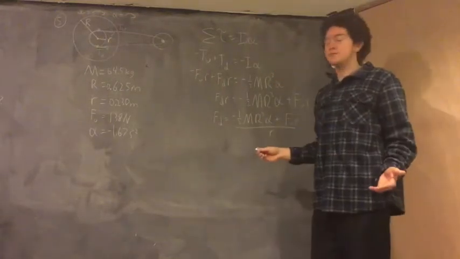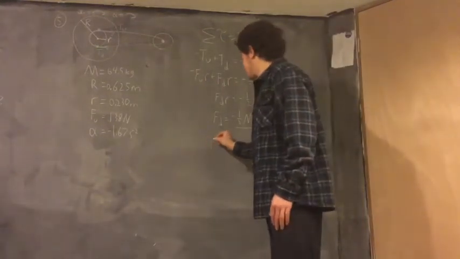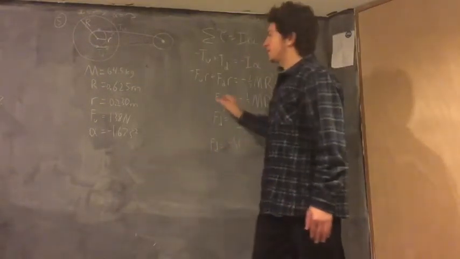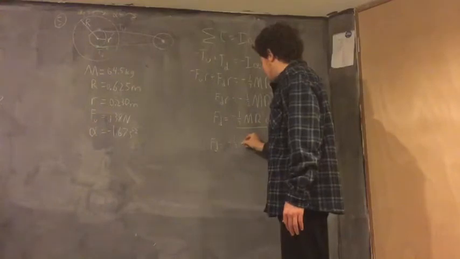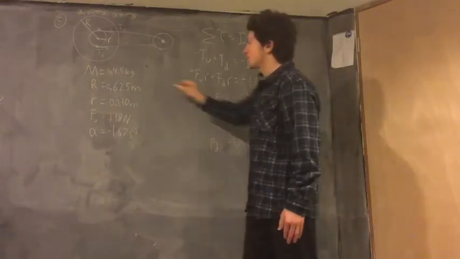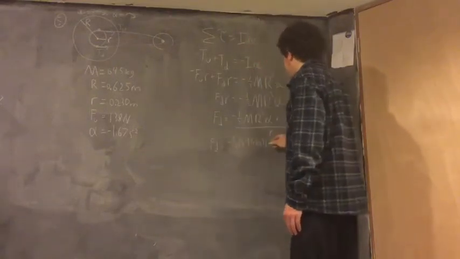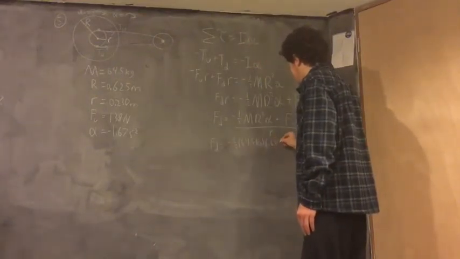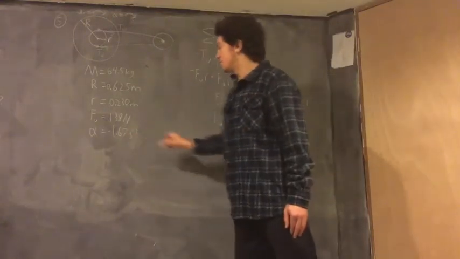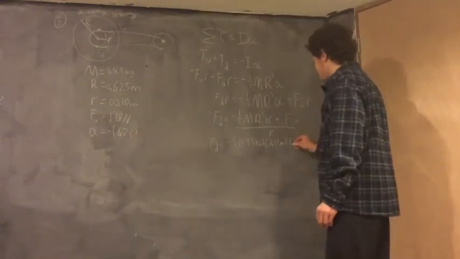And now I'm just plugging in all of our known constants. The big mass is 64.5 kilograms. The big radius is 0.625 meters. The angular acceleration is 1.67 seconds to the negative second power.